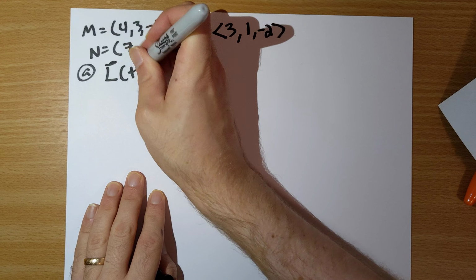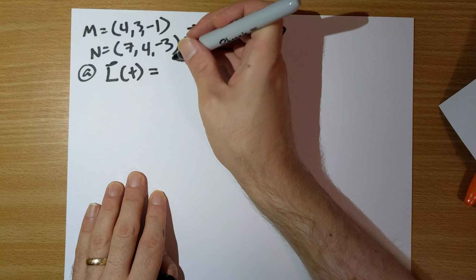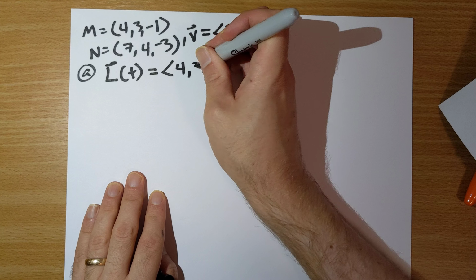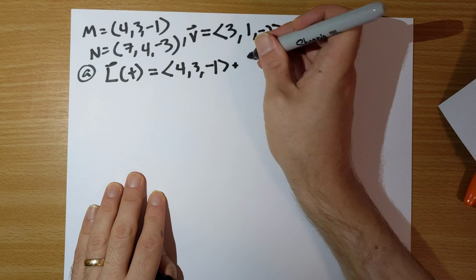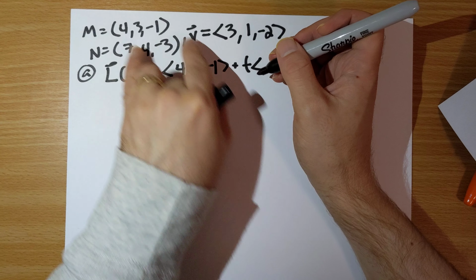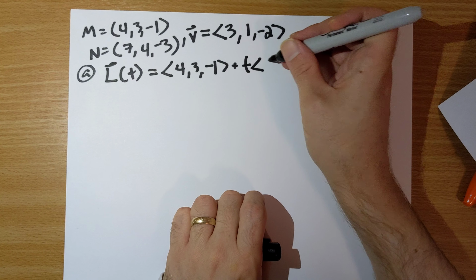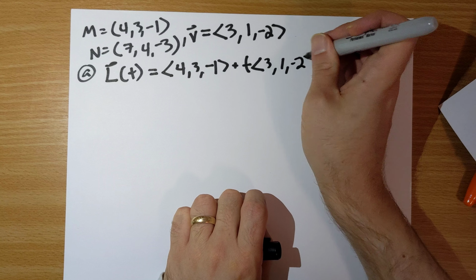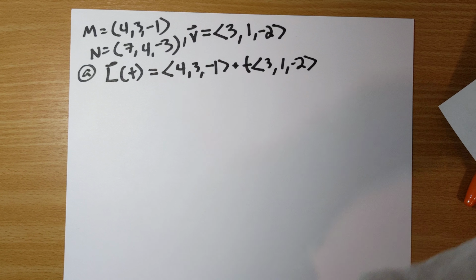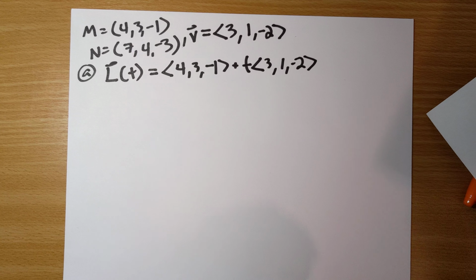And so L of t is (4, 3, -1) plus t times the direction vector (3, 1, -2). This is our parameterization of a line.